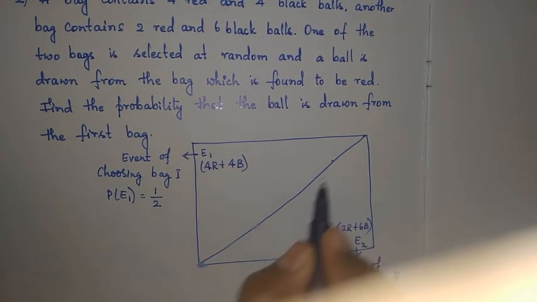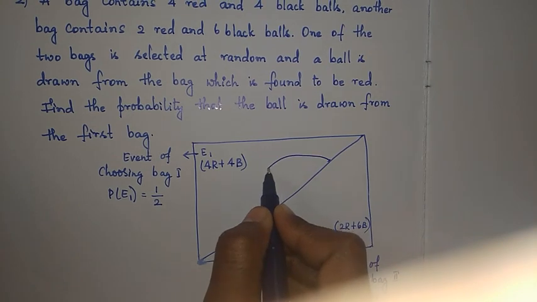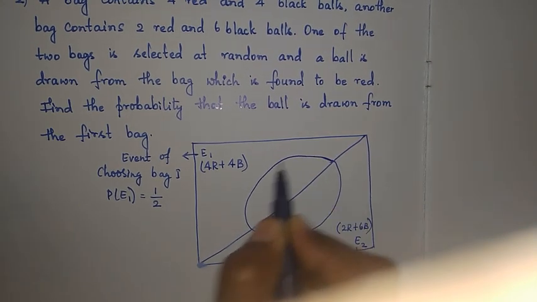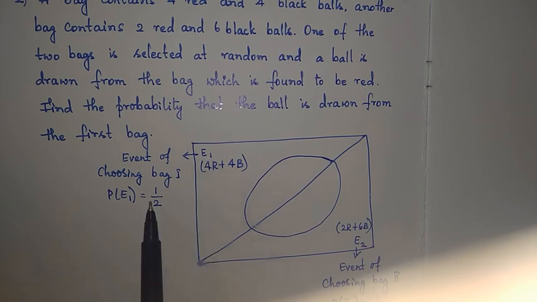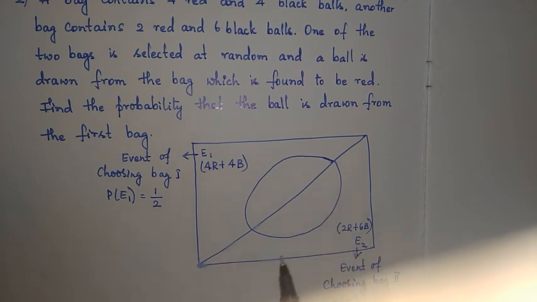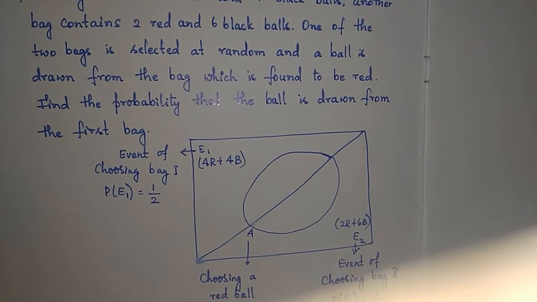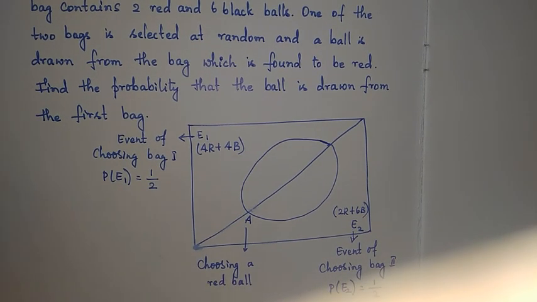So we will choose the event A of choosing a red ball, since bag 1 also contains red balls and bag 2 also contains red balls. Event A is an overlapping event between E1 and E2, where A is the event of choosing a red ball.